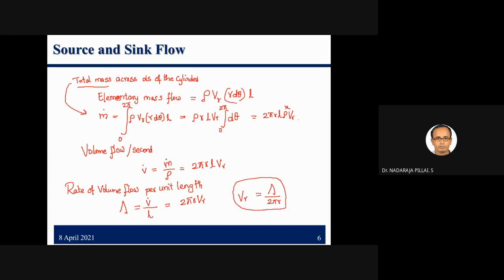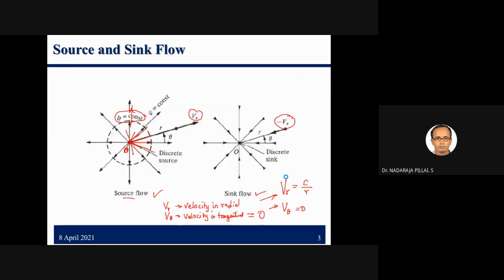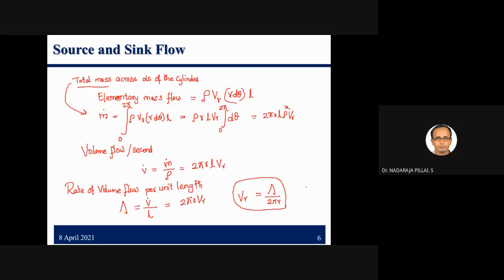So here we have calculated Vr. We already know that Vr is equal to C by R, and hence we can write C is equal to lambda by 2 pi.